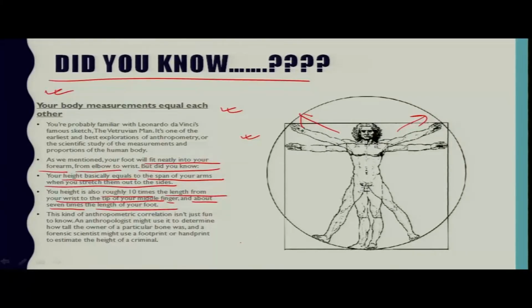This kind of anthropometric correlation is not just fun to know. An anthropologist might use it to determine how tall the owner of a particular bone was, and a forensic scientist might use a footprint or a handprint to estimate the height of a criminal.